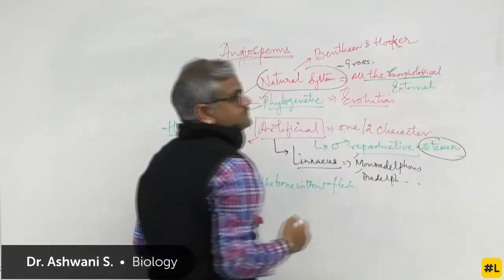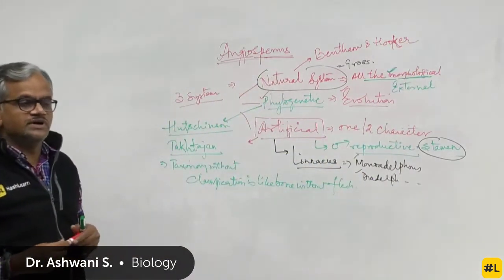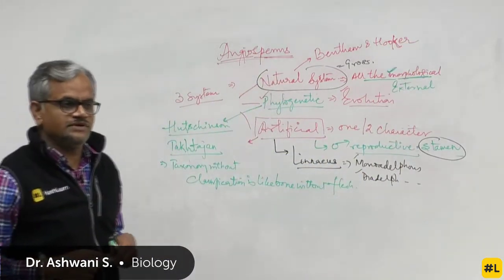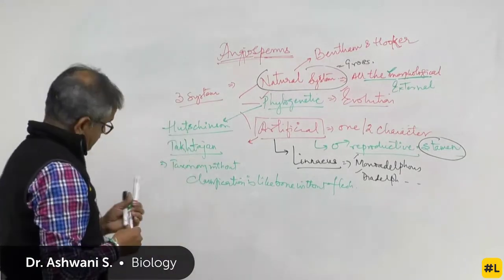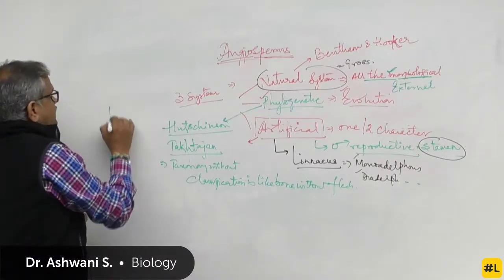It's Hooker, okay? Don't change it. Phylogenetic, there is another person who is very pronounced, Engler and Prantl.